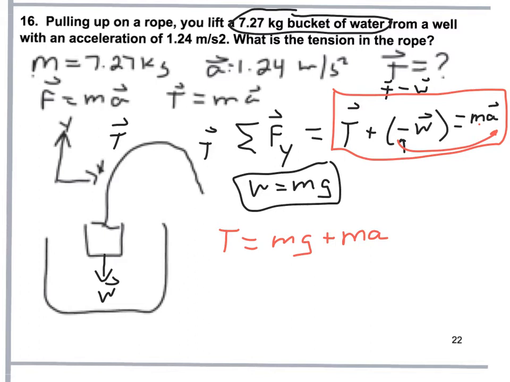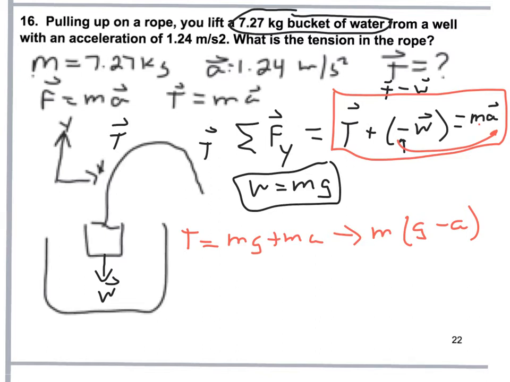So we can simplify a little bit and say, actually let me erase this, move it over for room. So we have here T equals mg plus ma. And we can simplify that a little bit by factoring out the m. And then we have our g plus a. And we don't need to put the little vector on top of the g.